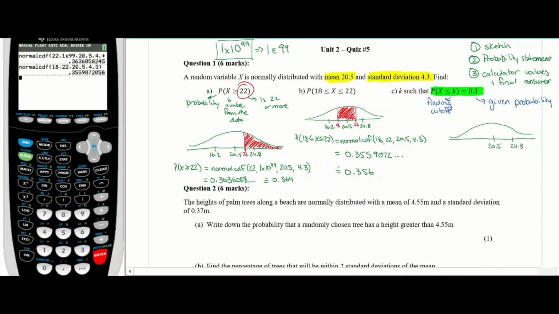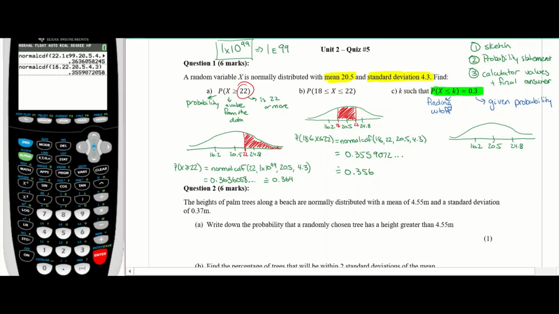I'm still working with the same mean and standard deviation. And this time, I have to think about the fact that I have some cutoff k, and the likelihood that I'm below k is 0.3, or 30%. So this helps you decide where you should put k on your sketch. The mean marks the 50% split.